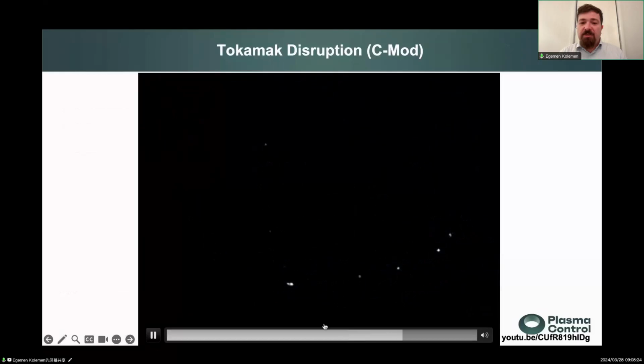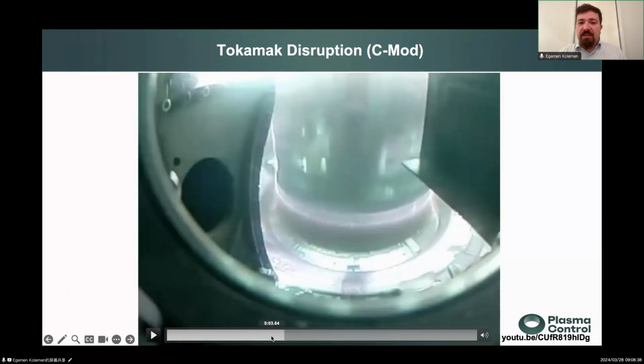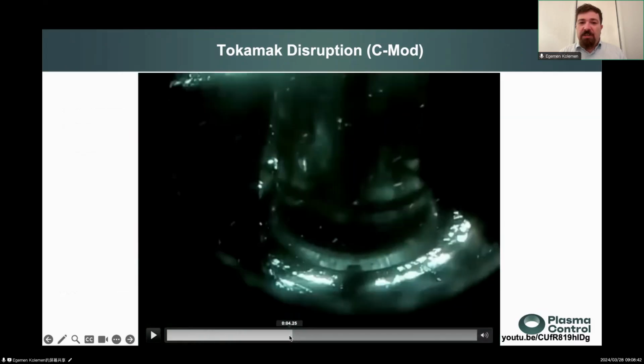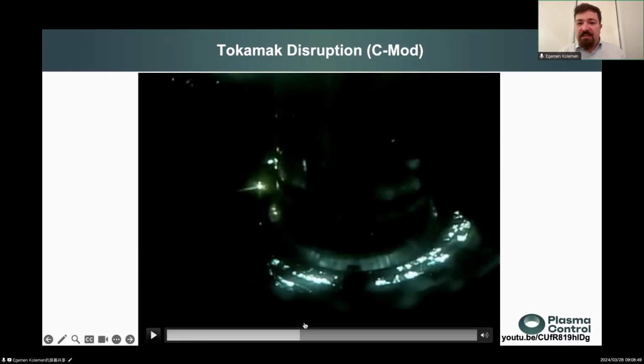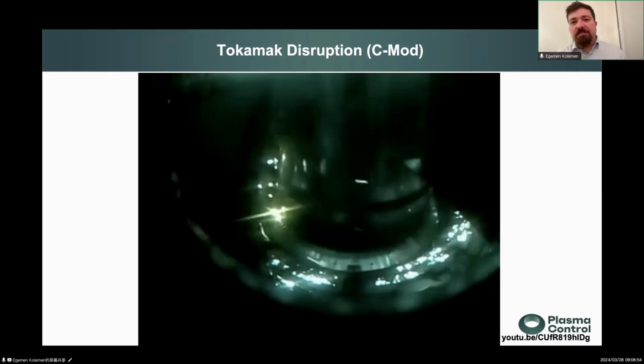Does the video come through well? Yeah, you see the sparks here. So the plasma was doing okay, and then it hit the wall. There was an instability, and the moment it hits the wall, pieces of metal start flying, and you can see that's not a good way to run a reactor. You might blow a hole in it. So we want to avoid these types of events.